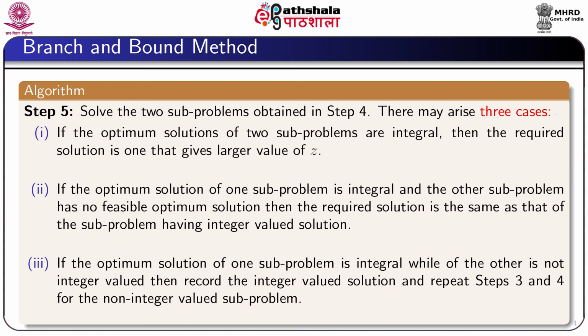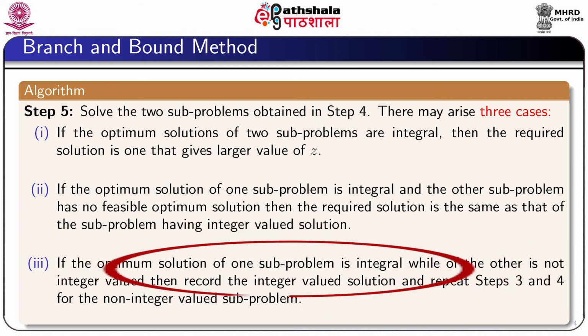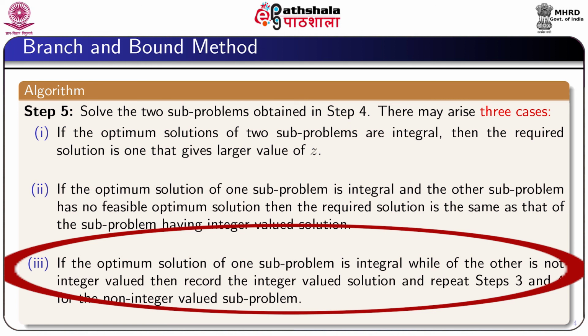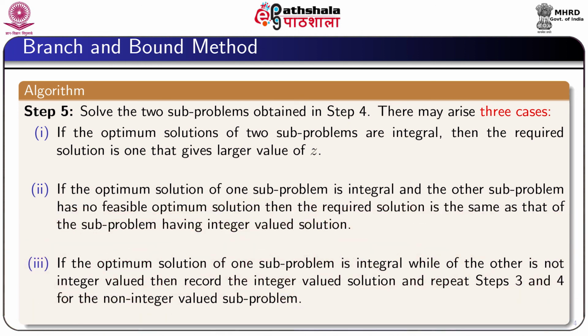Case 3, if the optimum solution of one subproblem is integral while the other is not, then we record the integer valued solution and repeat steps 3 and 4 for the non-integer valued subproblem.